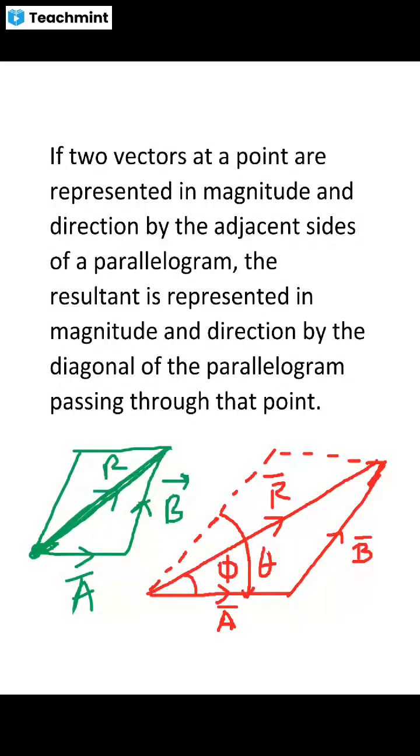Now, you may be confused about what they mean by passing through that point. They are connected at a point. You'll be looking at how vectors A and B are connected. But let me show you, because it is very important for you to get the concept perfectly. Now, you see how they are connected. Look at this parallelogram. This is vector A.